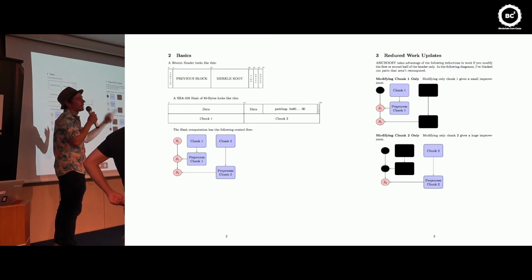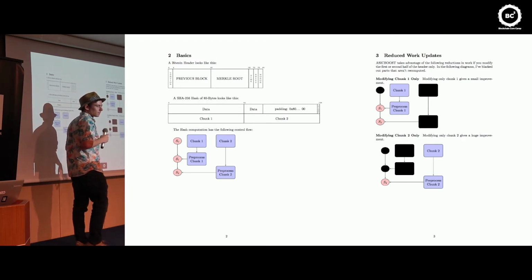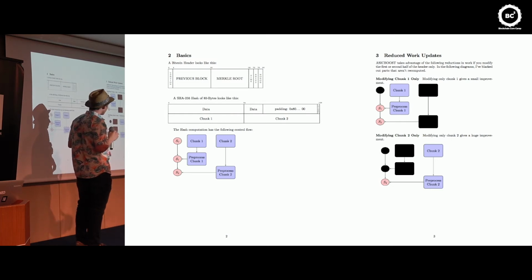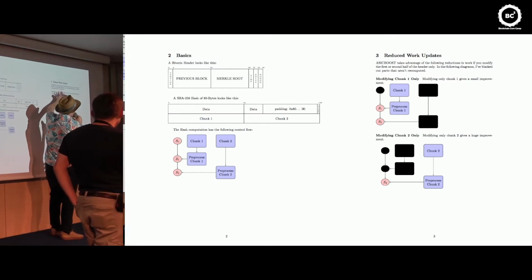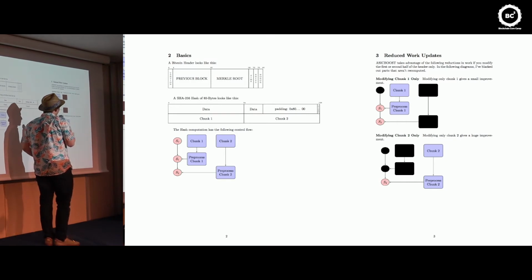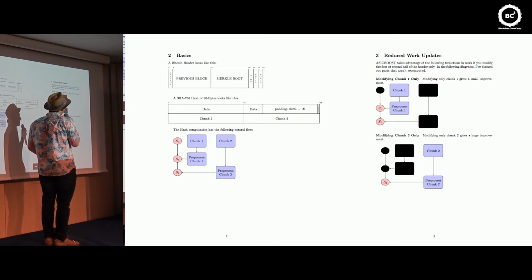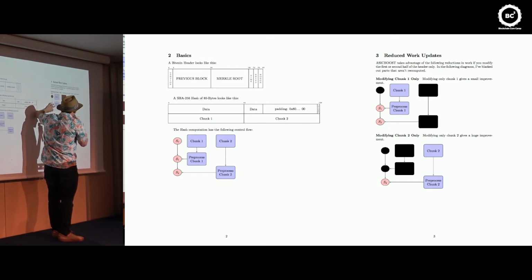So if we make changes only in chunk 1 or only in chunk 2, we can update a hash a little bit more efficiently. The part that I have blacked out does not require recomputation. So if we modify only chunk 1, we just go chunk 1, preprocess, S1, S2.